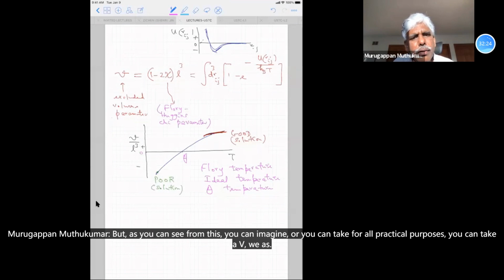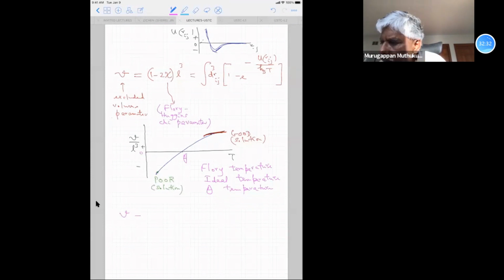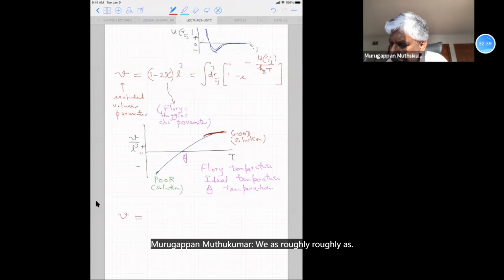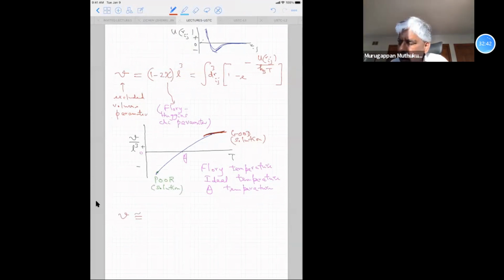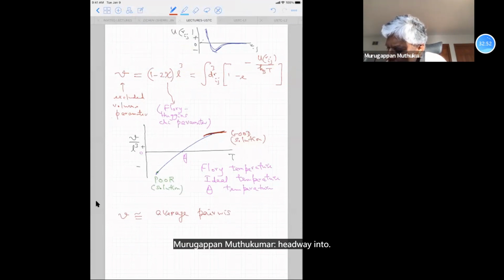But as you can see, for all practical purposes, you can take V as roughly a pairwise inter-segment interaction energy.